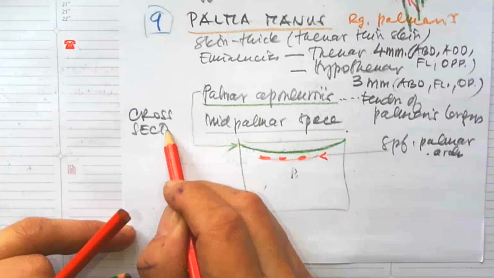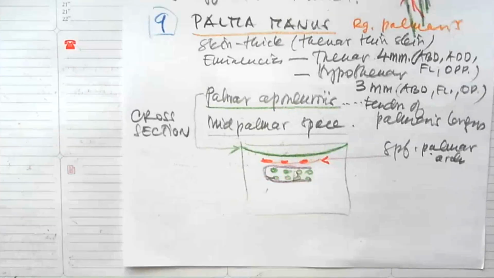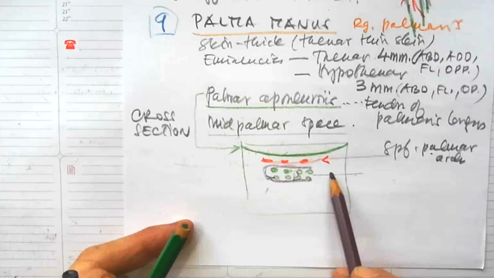Then follows the group of the vaginae synoviales, the synovial sheaths, where you can identify the tendons of the muscles. So we could add that these are the tendons of flexors plus synovial sheaths.